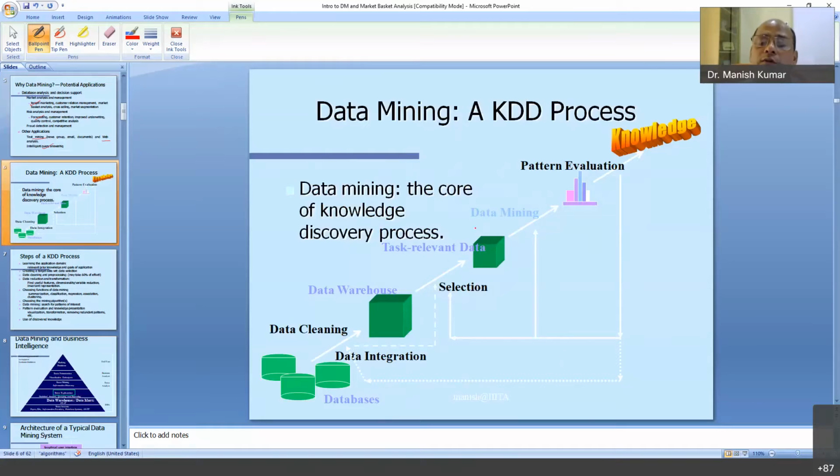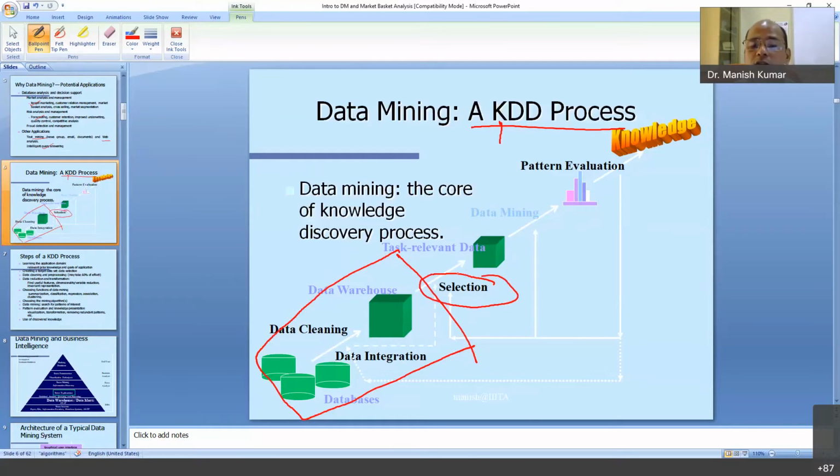Altogether, if you look at the steps involved in the KDD process, which we call knowledge discovery in databases or the knowledge discovery process, you can see that this part talks about a data warehouse. Then we perform some selections and get the task relevant data. Then we apply the algorithms.